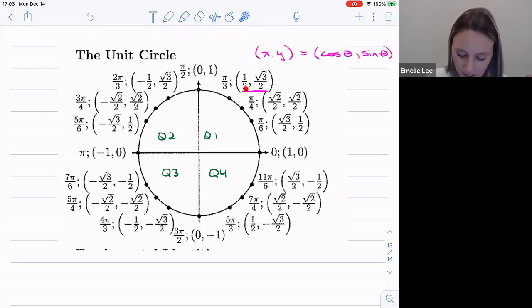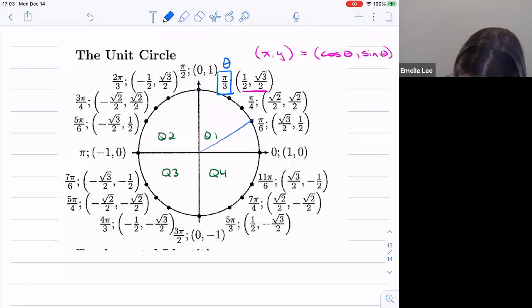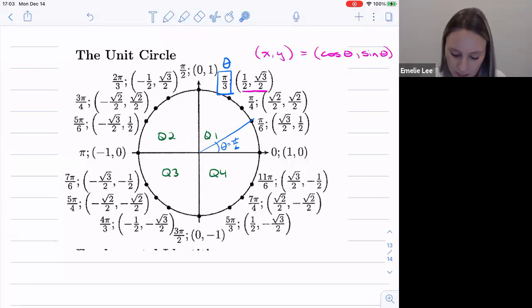So whatever the x value is, that's the cosine, and these are your angles. So here we've moved theta equals pi over 6, and then pi over 4. So we've got these classic cutoff points of pi over 6, pi over 4, pi over 3, and then pi over 2. So we move in multiples of those.